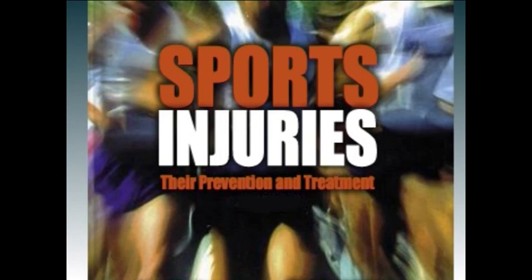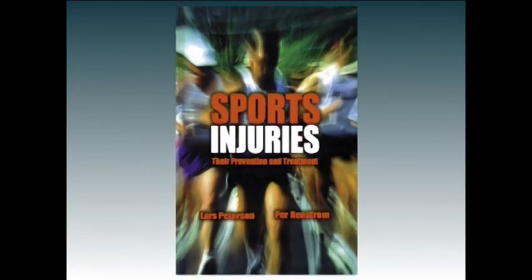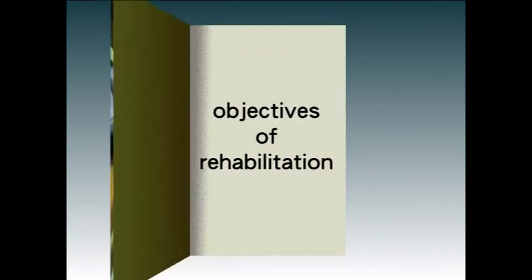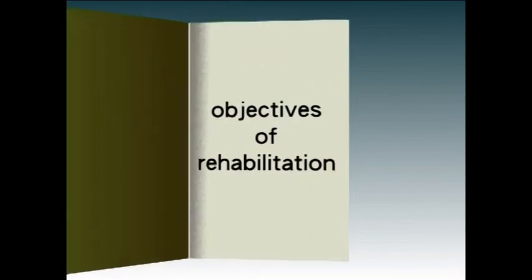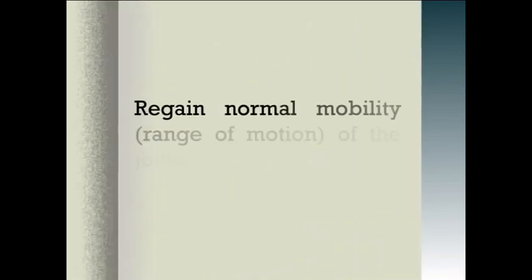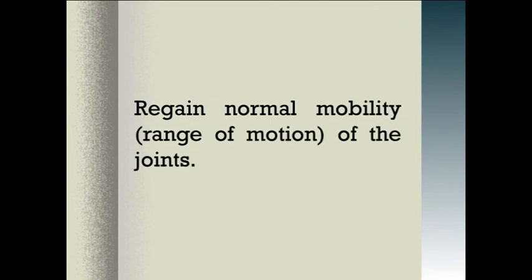Next, the objectives of rehabilitation as given by Lars Peterson and Per Renstorm in the book Sports Injuries, Their Prevention and Treatment, which is more specific to the field of physical education and sports, are as follows. First is to regain normal mobility, that is the range of motion of the joints.